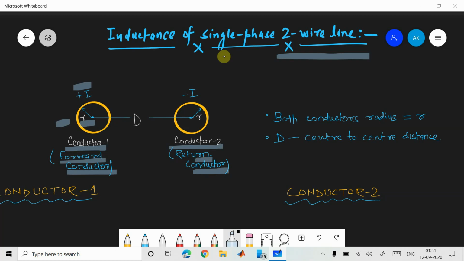This will provide the return path for the current. So this return conductor we can say is carrying minus I current, which means plus I plus minus I must be equal to 0.